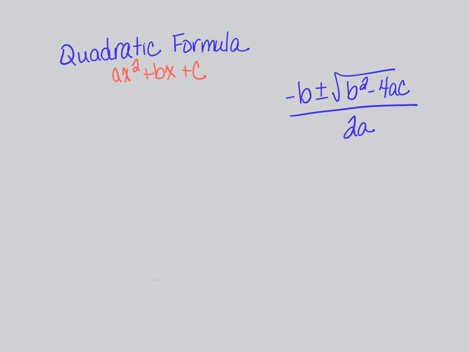Okay, so my function is f of x equals 2x squared plus 8x plus 7. Okay? So, when we identify my A, B, and C, we look at it in the form ax squared plus bx plus c.